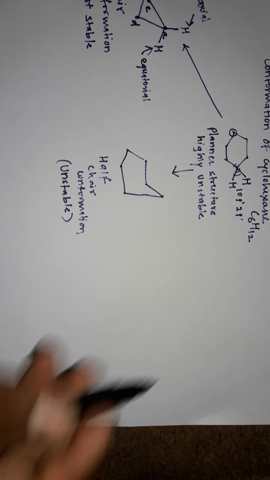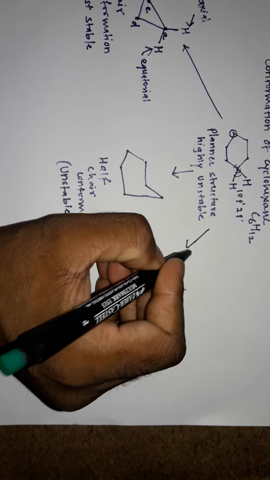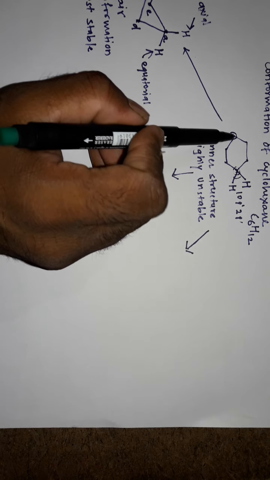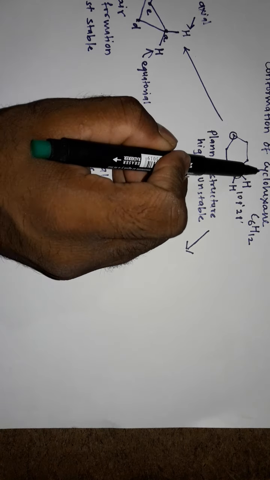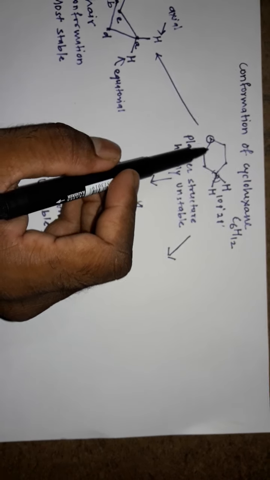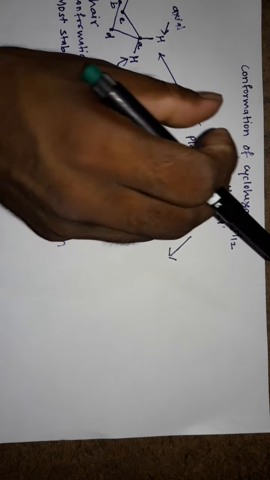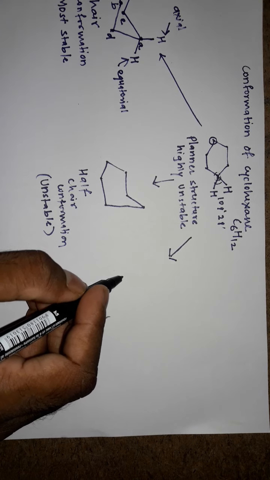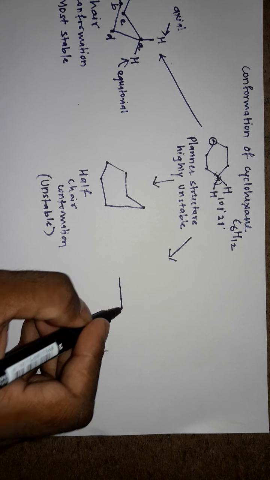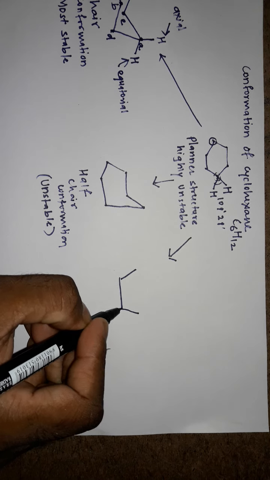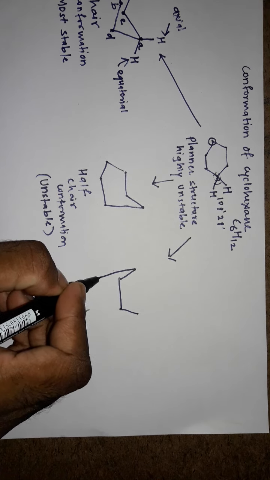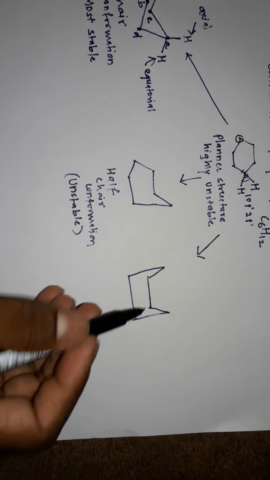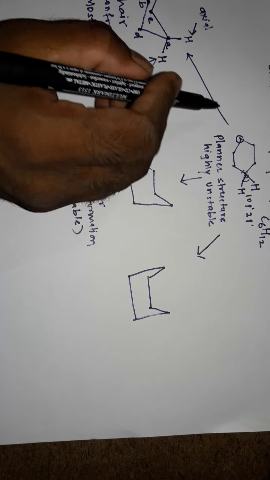Now if I pull these two carbons above the plane, let us draw the structure. So the structure becomes like this.